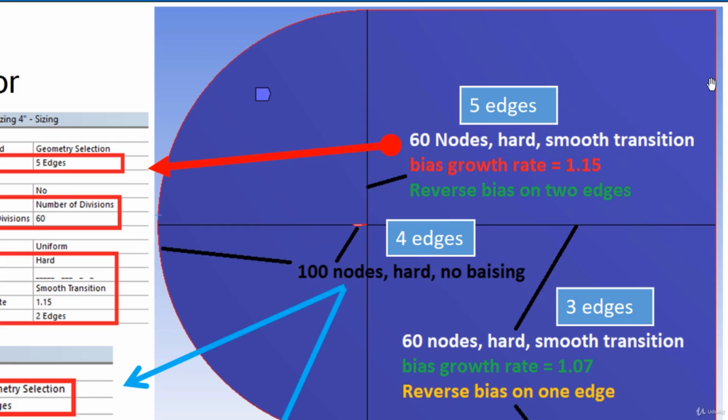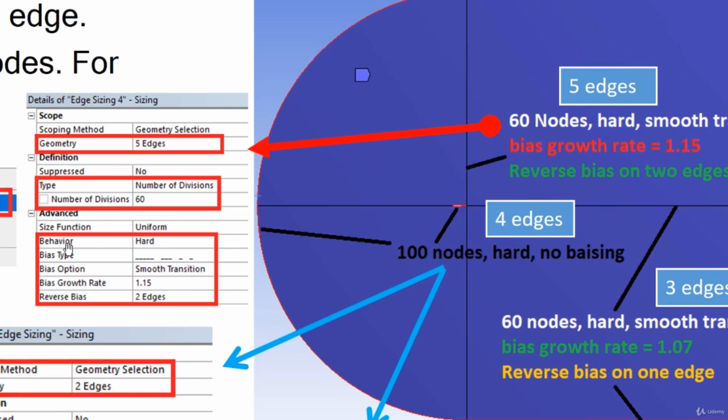And then we will have the edge sizing on the edge here, which is at the outlet, and the corresponding second, third, fourth, and fifth edges. Because they are parallel edges and they are making a C type of shape in the meshing, here we have set the number of nodes equal to 60, and changed the behavior to hard.